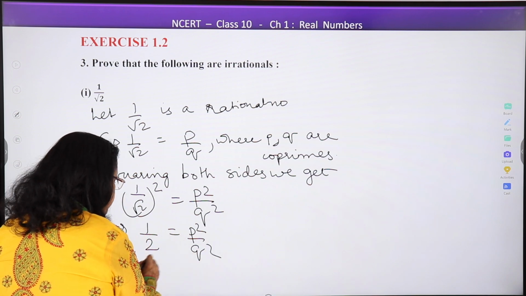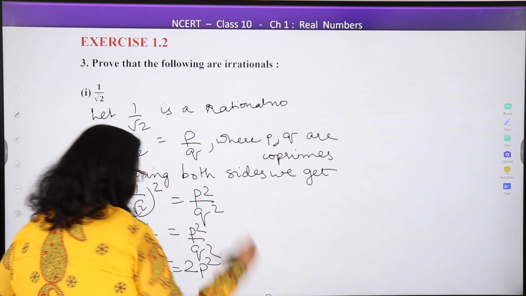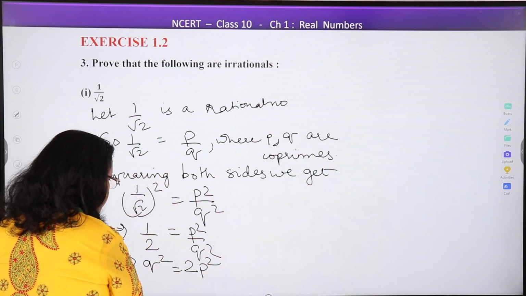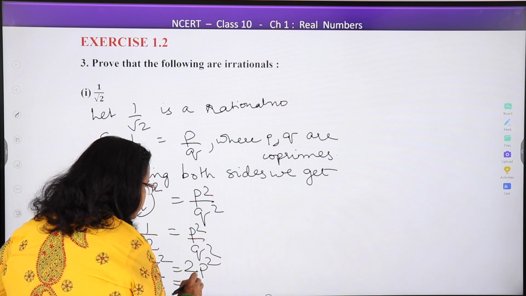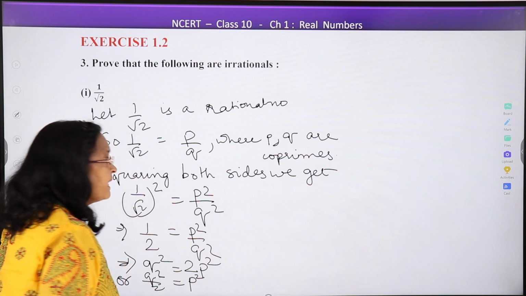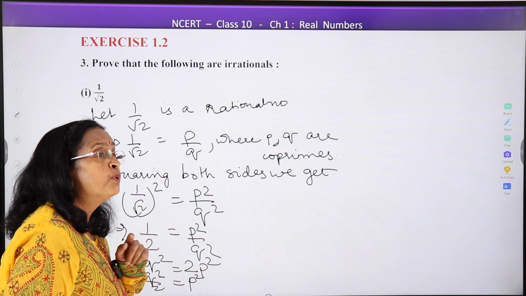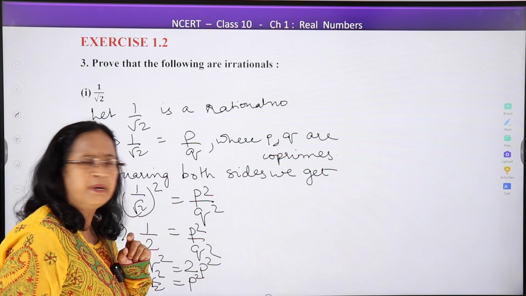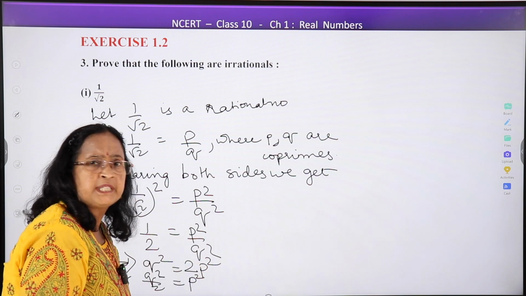That implies Q square is equal to 2P square, or Q square by 2 is equal to P square. All right. Now again, as we did in the first question, to prove root 2 is an irrational number, exactly the same step goes.